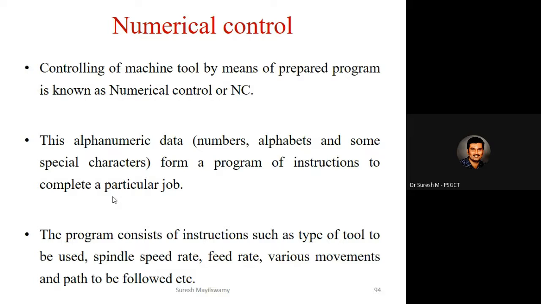In the same way, numerical control can be defined as a form of programmable automation. Considering automation, there are three different types: first fixed automation, then flexible automation, and after that programmable automation. The computer numerical control, or CNC, machine comes under the category of programmable automation.